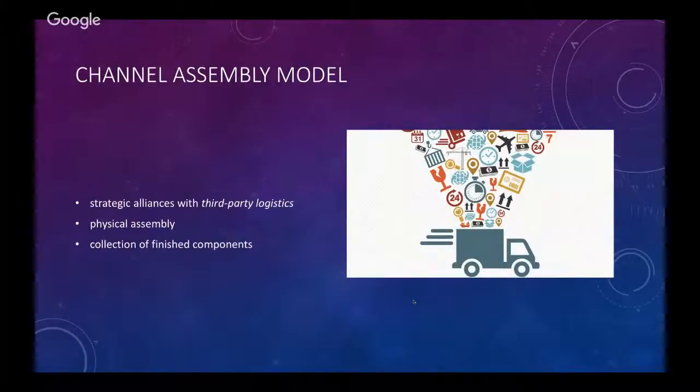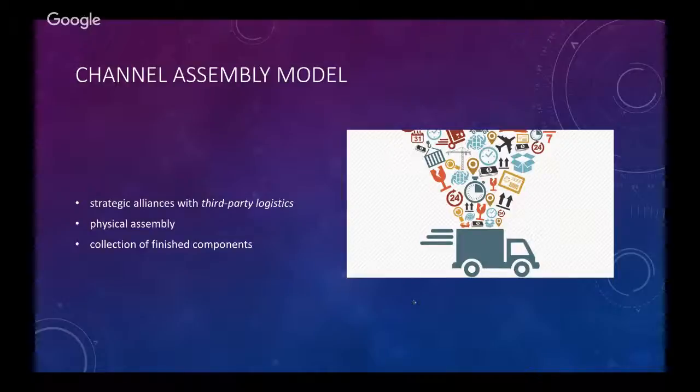The third one is the channel assembly model. The channel assembly model is a slight modification to the build-to-order model. In this model, the parts of the product are gathered and assembled as the product moves through the distribution channel.